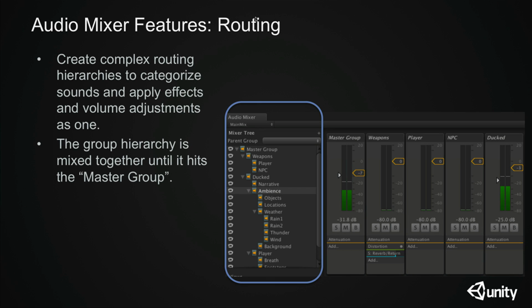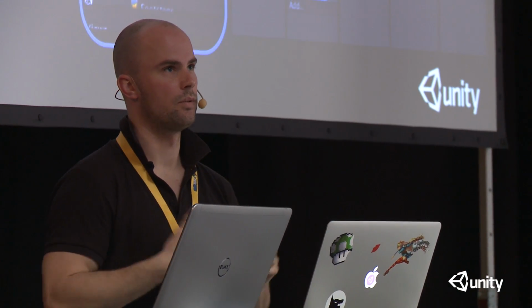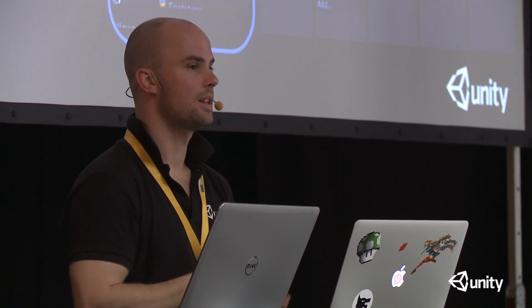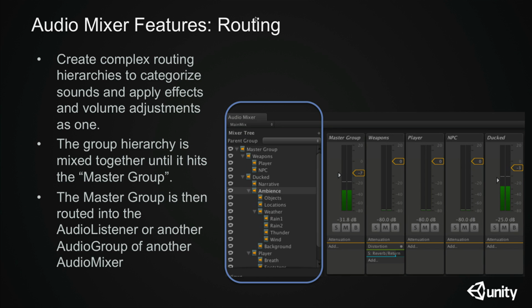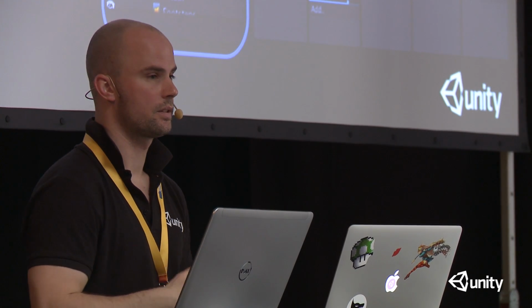The group hierarchy is mixed together until it hits the master group of a mixer, as you can see in the diagram. And basically that's the root node of your audio mixer's signal flow. And from there you can either route that directly to the audio listener, or you can route that to another audio group of another audio mixer. So create, as I said, complex chains of effects and sounds.